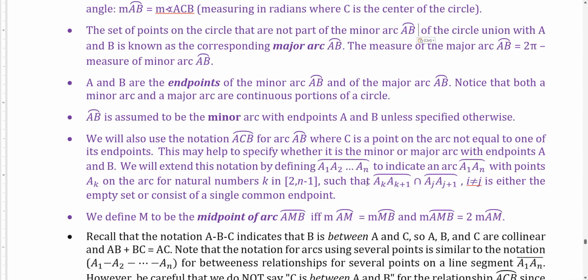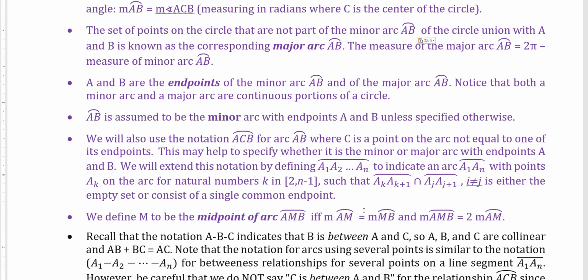Or more generally, arc A sub k to A sub k plus 1 intersected with arc A sub j to A sub j plus 1, where k is not equal to j, is either the empty set, they don't overlap at all, or they consist of only one common endpoint.